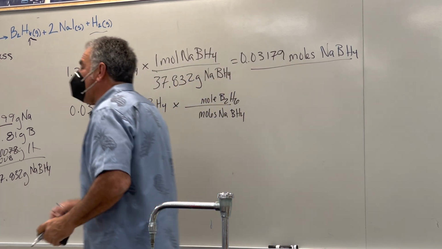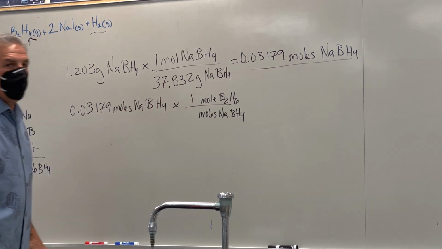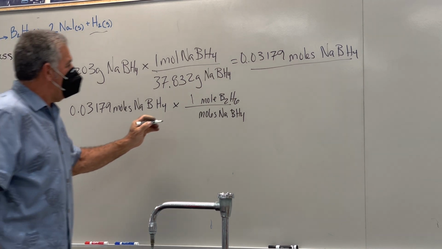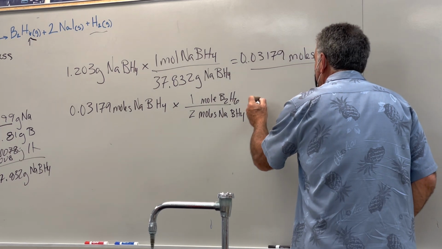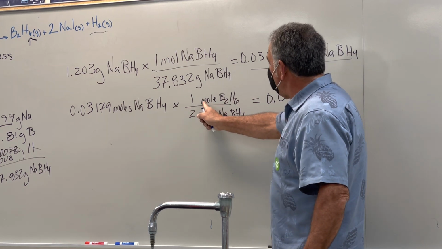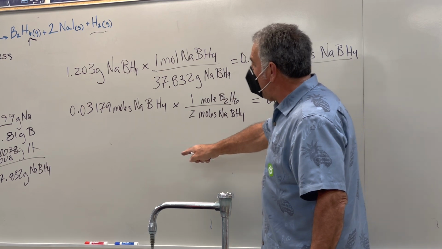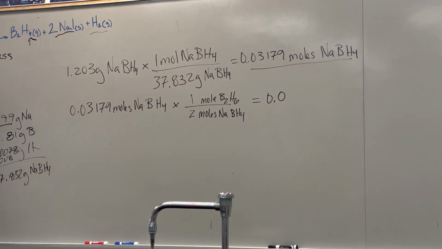Our number here is 1, so we put a 1 here. Our number here is 2, so we put a 2 here. For every 1 mole that we make, it takes 2 moles of reactant. Whatever these numbers are, if we were making sodium iodide, it'd be a 2 to 2 ratio. You see that?